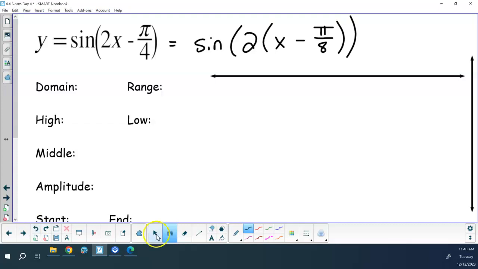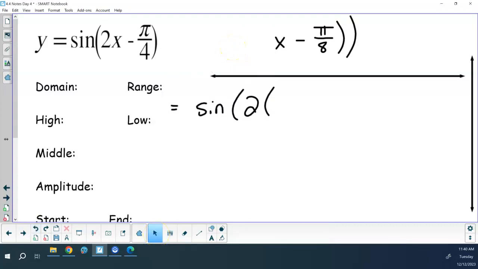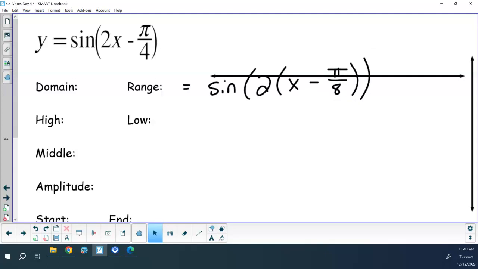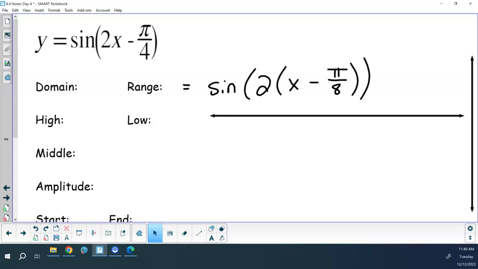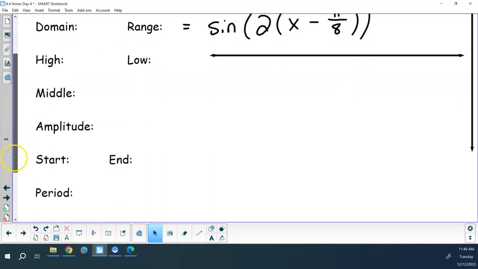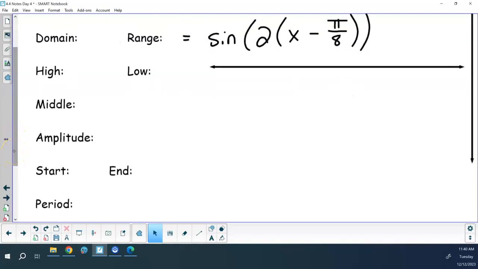All right, hold on. Let's move this down. Oh, I can't even move the whole thing down. Oh, there we go. Move this down even more. And then that allows me to bring this up here. And then I can say, all right, so my domain is all real numbers. Agree? Yeah.